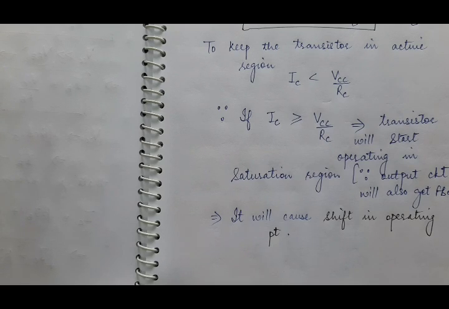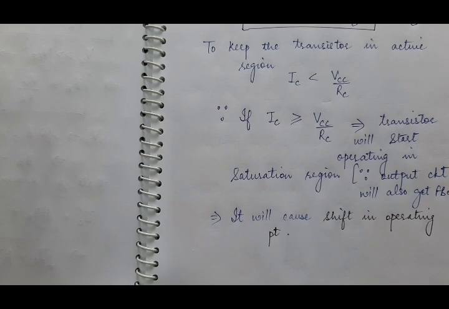And second, because the Q point just depends upon the value of RB, by choosing a high value of RB it is very easy to keep the transistor in the active region. And there is no resistor connected to the emitter terminal. So these were the advantages of fixed biasing, but its disadvantages overpower its advantages.